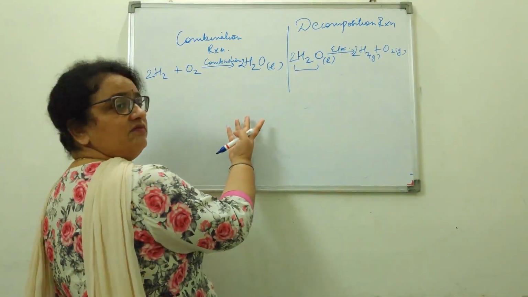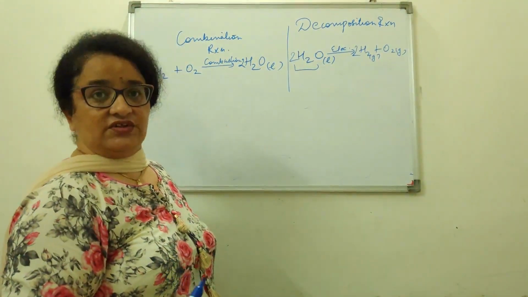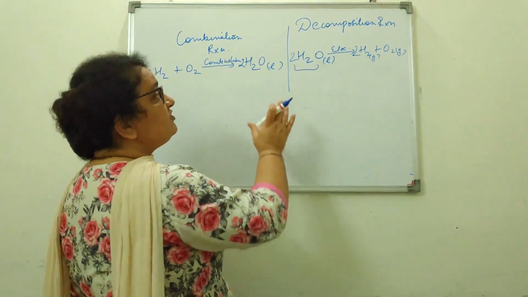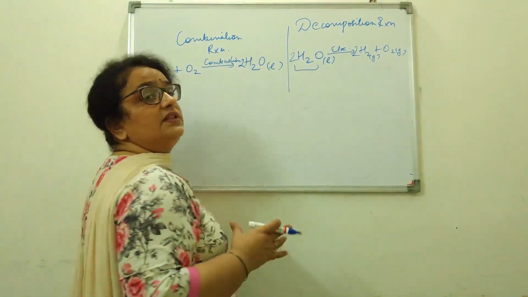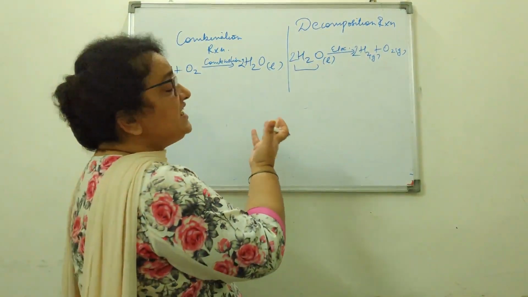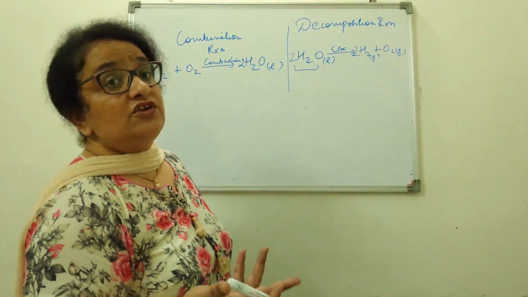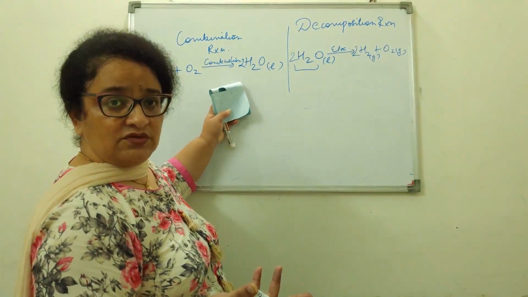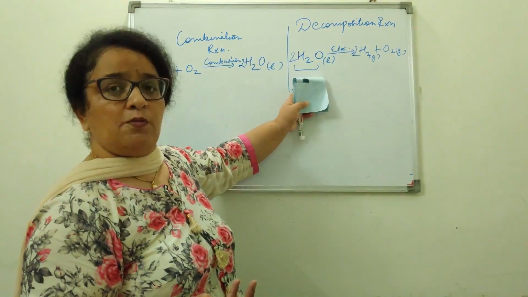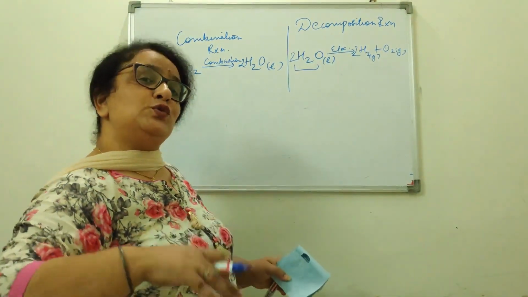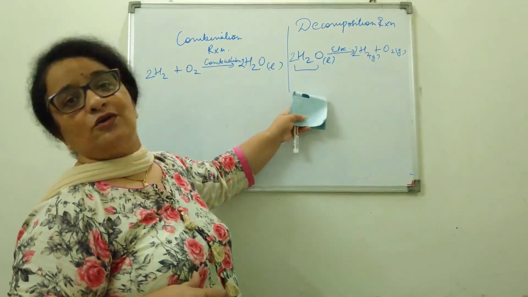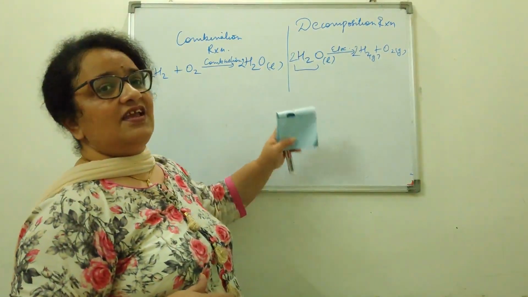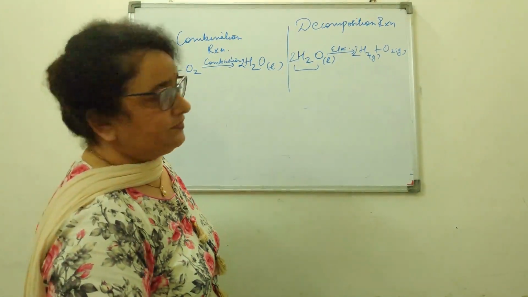So it's clearly evident they are opposite to each other. But remember, you have to support your answer with an example. So this is a very easy and simple example to remember. You can remember it as a combination reaction, and as a decomposition reaction, and you can use this combination and electrolysis of water in answering this question also.